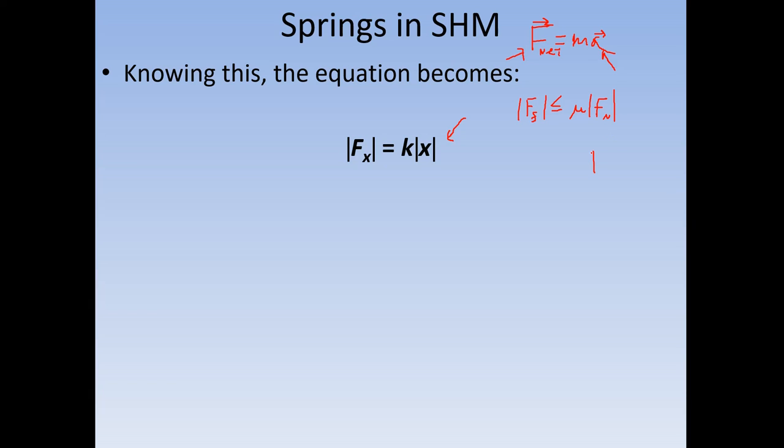In addition, if I know the normal force acts up, I don't know the direction of the friction. It could be to the left, it could be to the right. It really depends on the scenario. The direction of the normal force does not dictate whether the frictional force is left or right. All it dictates is that it has to be horizontal, perpendicular to it.